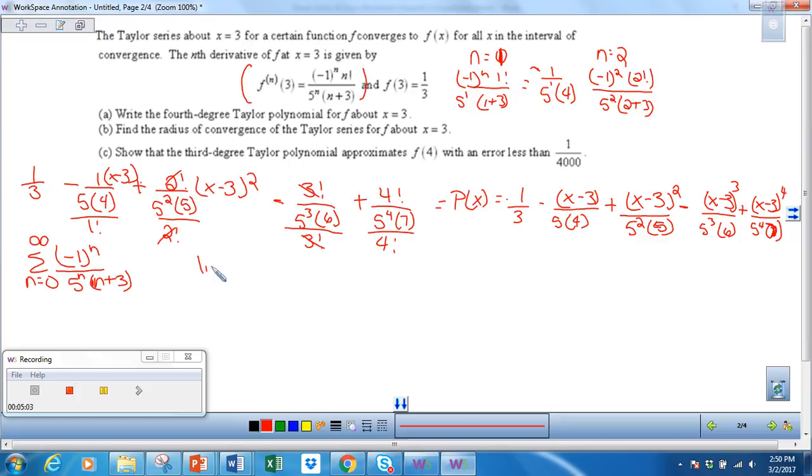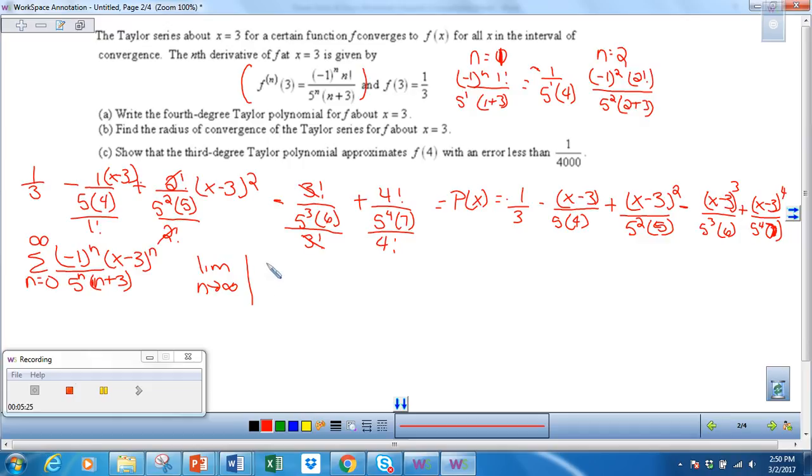So the ratio test is the limit as n approaches infinity. Now remember, on the AP exam, this notation is important, so make sure you write the limit as n approaches infinity. Because it's alternating, we're taking the absolute value, so I can eliminate the alternating part. I'm sorry, and then this is x minus 3 to the nth. I left out the most important part.